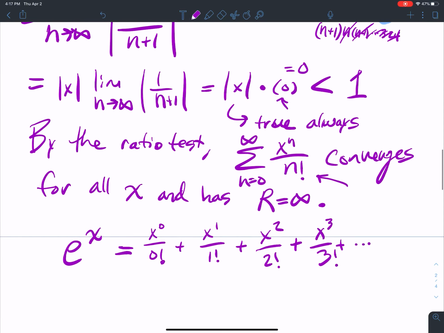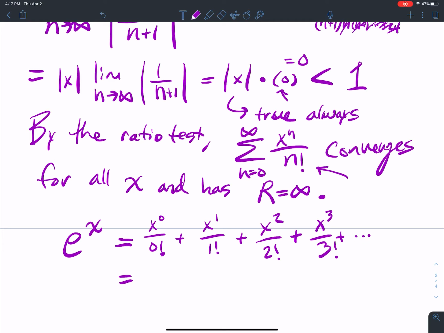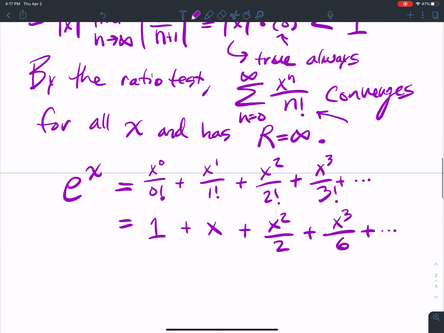So what is this equal to? Well, 0 factorial is 1, and x to the 0 is 1. So that's just 1, plus x, plus x squared over 2, plus x cubed over 6, since 3 factorial is 3 times 2 times 1, and so on and so on.